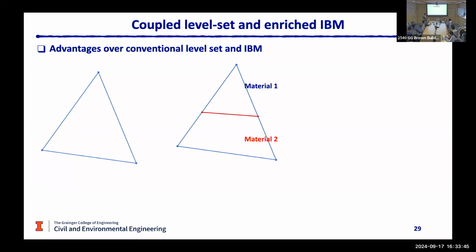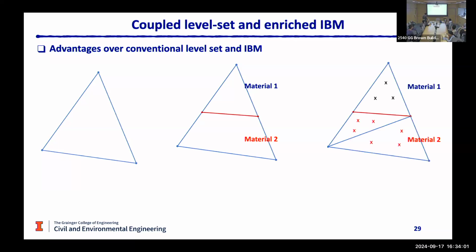The reason is the special way we construct the triangulation. Because of that, the nodes of the triangulation will be on the edges of the elements. Because of this special configuration, I can always break the cut triangles into several small triangles, and then I can perform exact integration over those pieces.